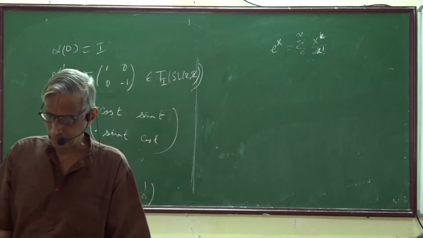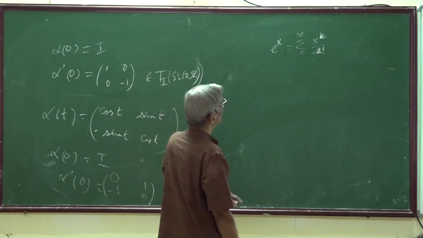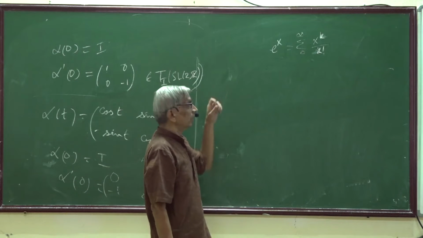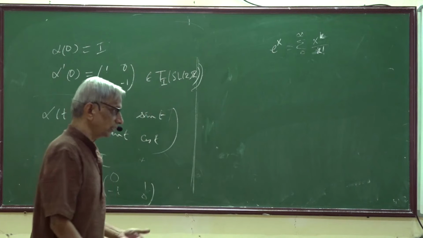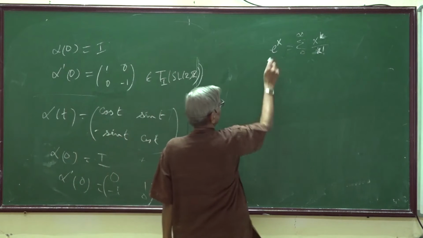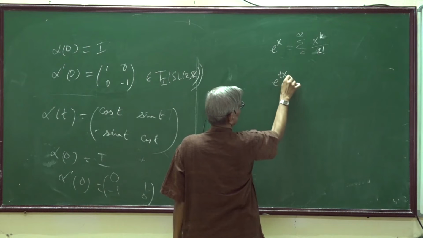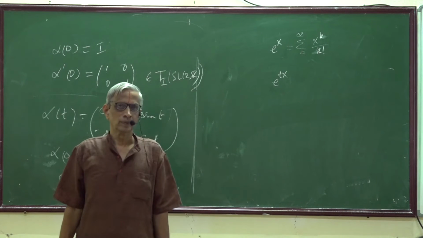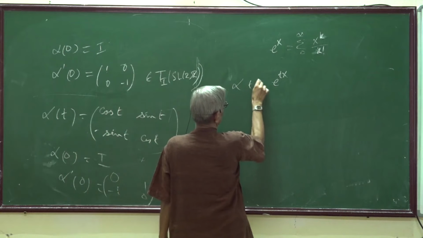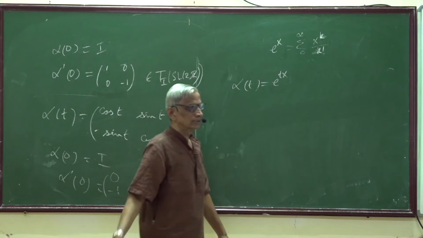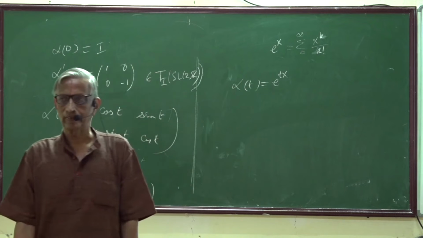There's no problem about convergence. It's absolutely convergent. And if you want a curve, just put a t there. Alpha t defined as: fix an x, take alpha t to be e power tx.